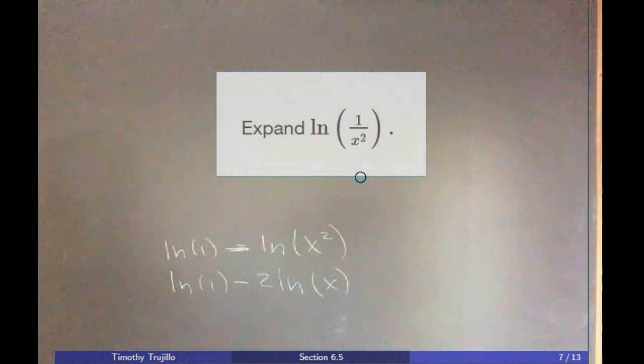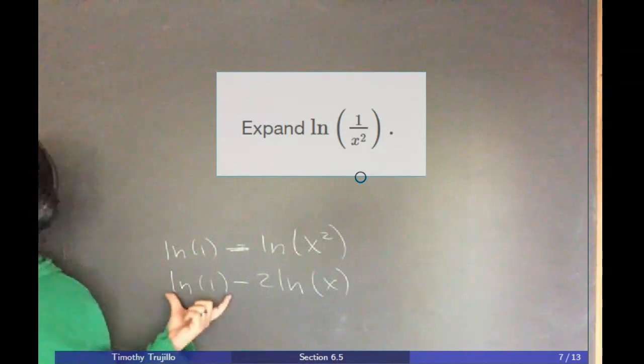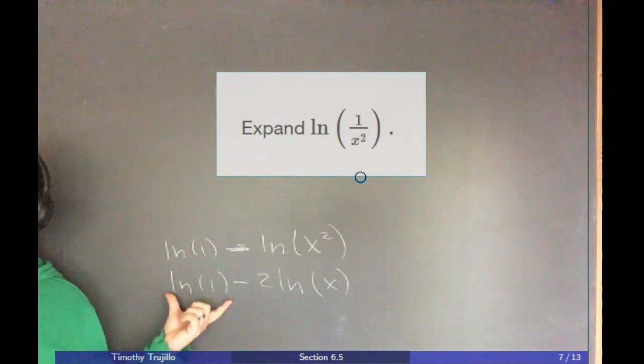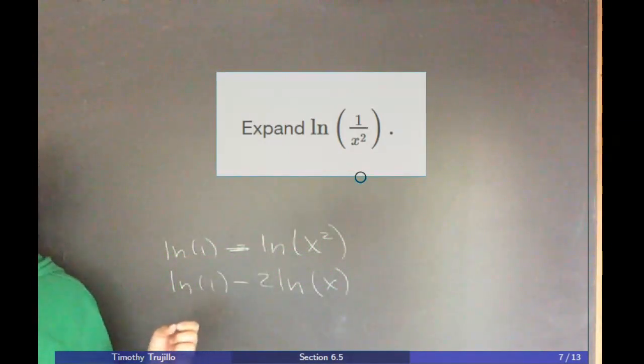When you type the natural log of 1 into your calculator, this is your answer. This guy right here, ln of 1. What do I have to raise e to in order to get 1?